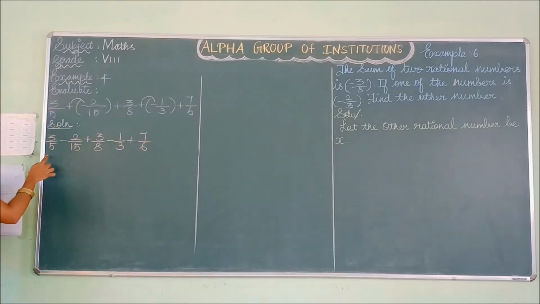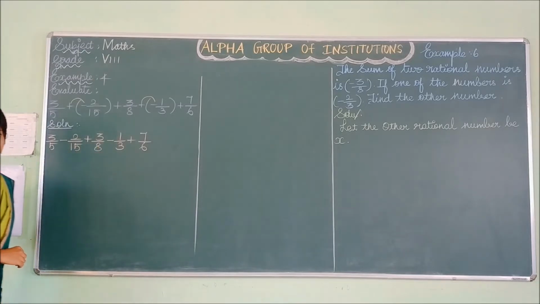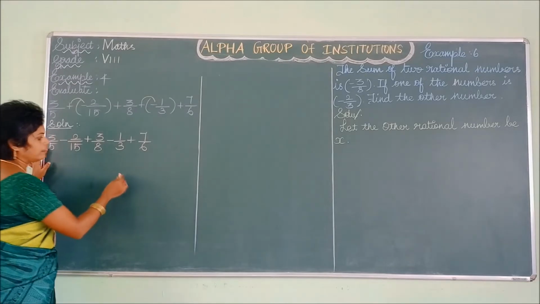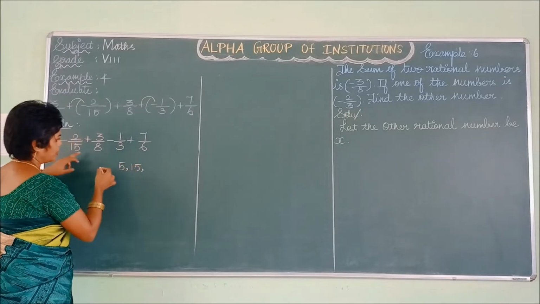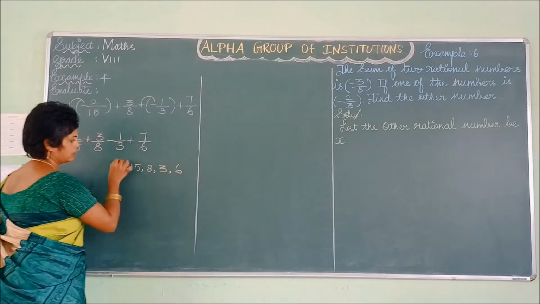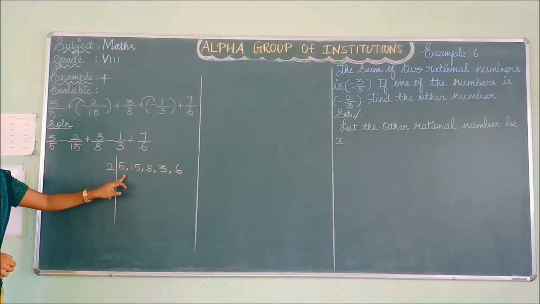So first check whether the denominators are the same or not. Here the denominators are different. So what can we do here? We have to find the LCM. Write the values 5, 15, 8, 3, 6. Let's start with the 2 table. Does 2 go into 5?